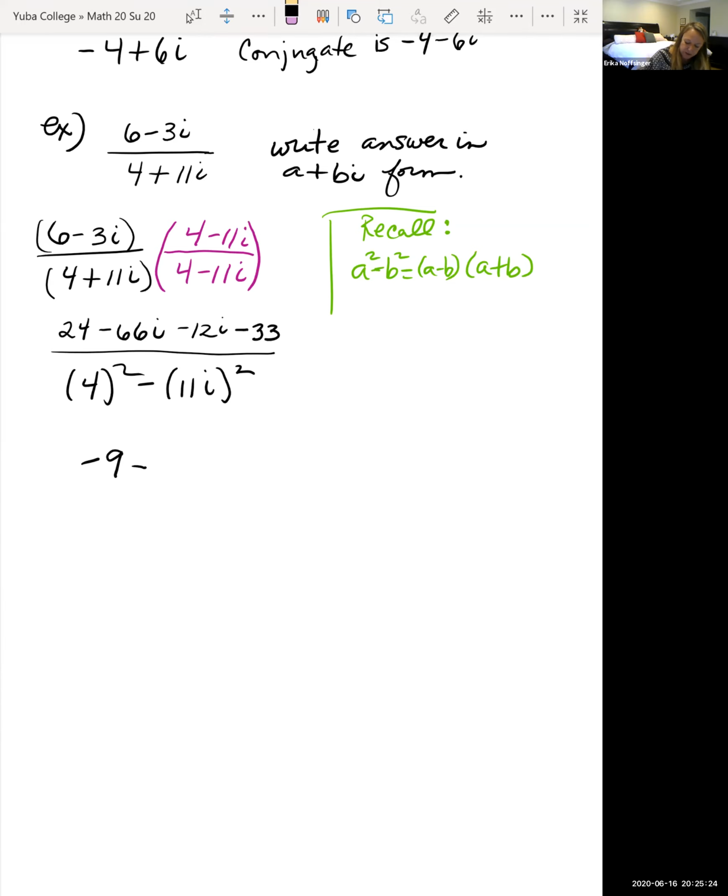So 66 plus 12, that's 78i. All over 4 squared, which is 16, minus 11i squared. So 11 times 11 is 121, and i squared is negative 1. So 11i squared is really negative 121.